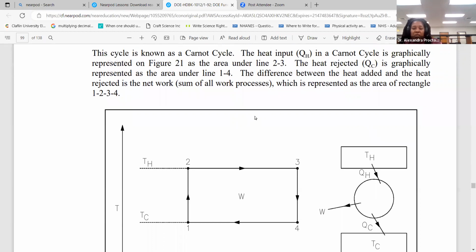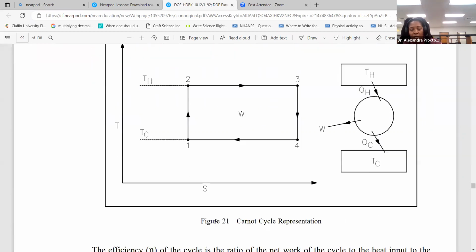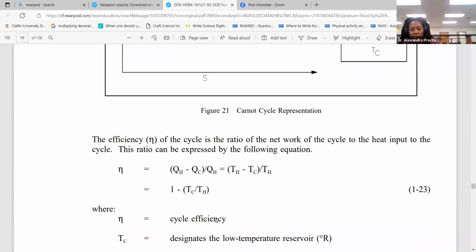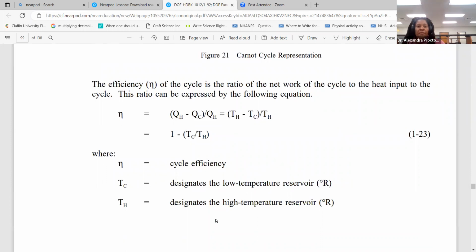The heat rejected, or QC, is represented as the area under 1 to 4. And the difference between the heat added and the heat rejected is the net work, or the sum of all the work processes. And it's represented by the area of the rectangle 1, 2, 3, and 4.